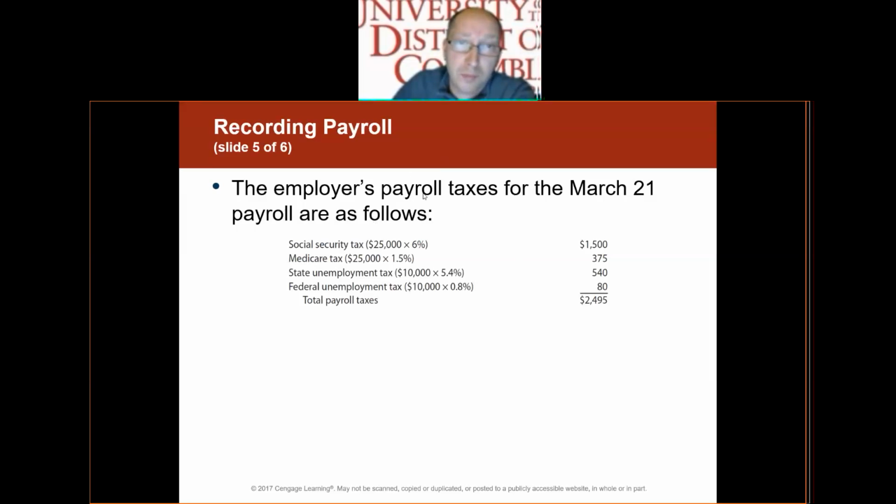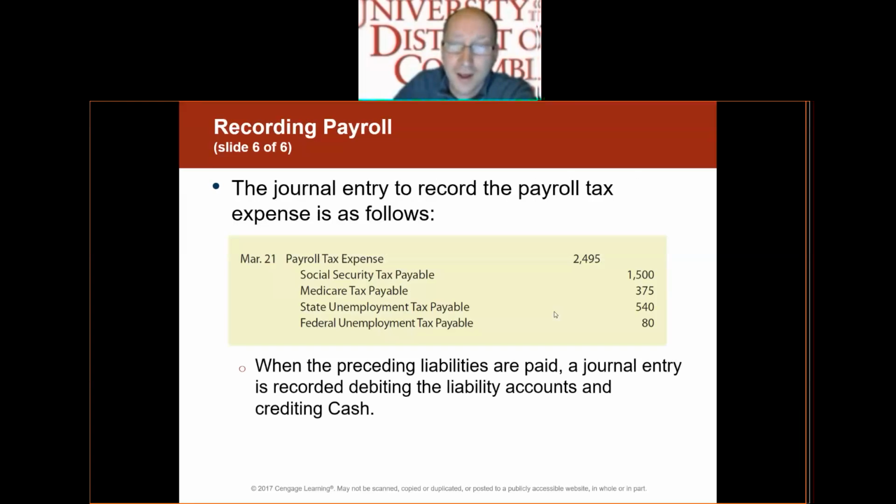The employer has to pay, in addition, right, all of this. $1,500 to Social Security, $375 to Medicare, $540 to state unemployment, and $80 to federal unemployment, for a total payroll taxes of $2,495. How fun. Not really that fun.